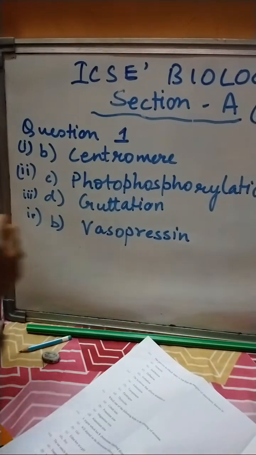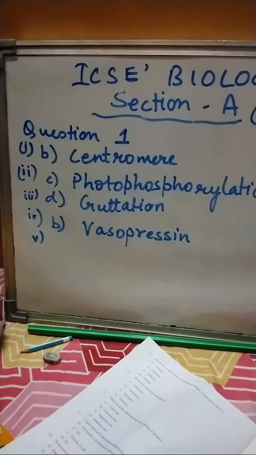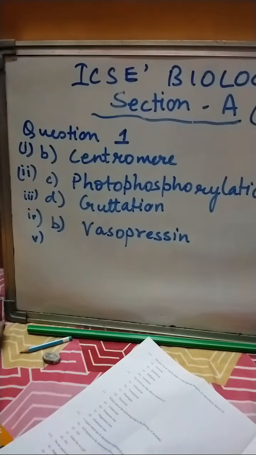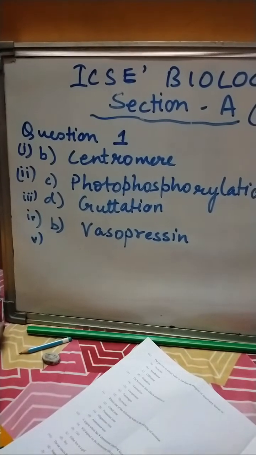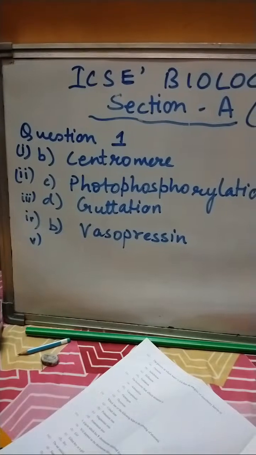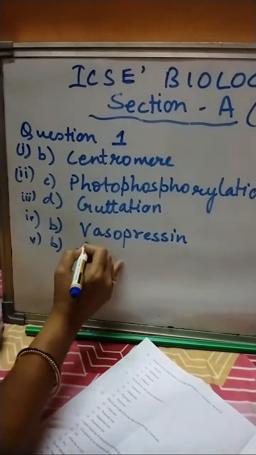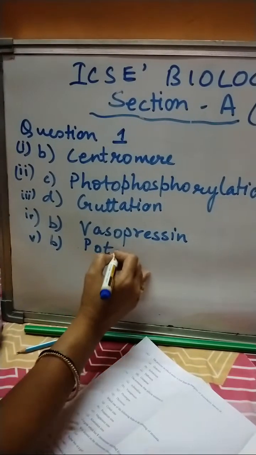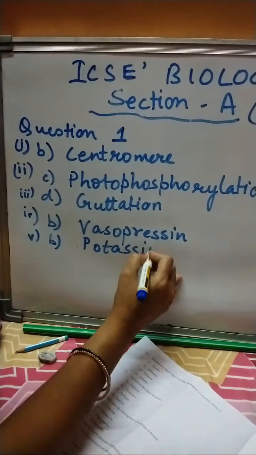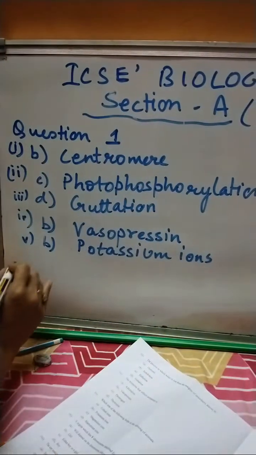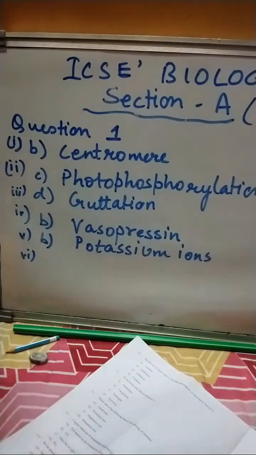Question number 5. Which one of the following helps in the opening of stomata? Four options have been given: cobalt ions, potassium ions, magnesium ion, aluminium ion. Answer is B, potassium ions. We'll go to the next question, question number 6.